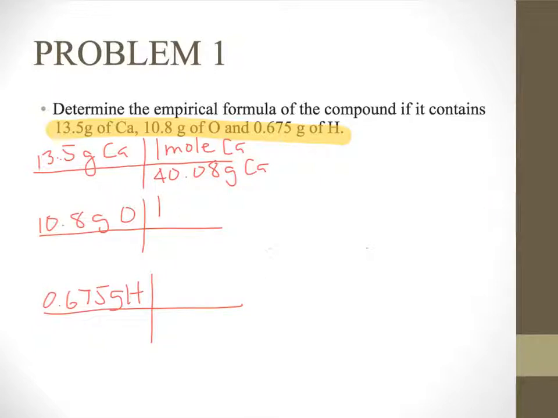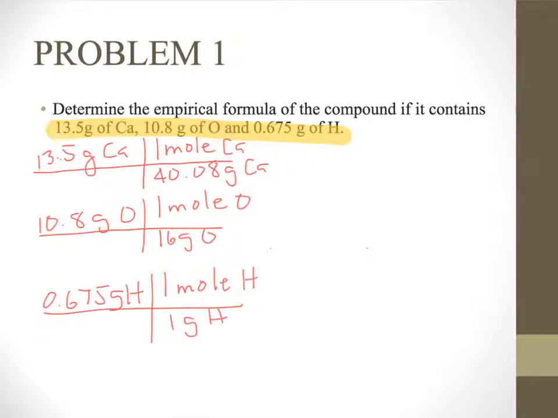So 1 mole of oxygen is equal to 16 grams of oxygen. So 1 mole of hydrogen is equal to 1 gram.